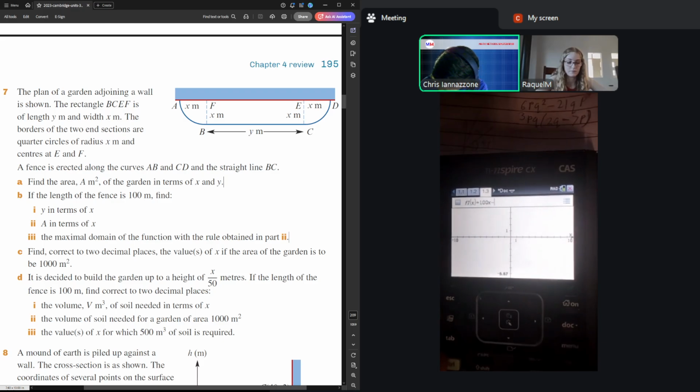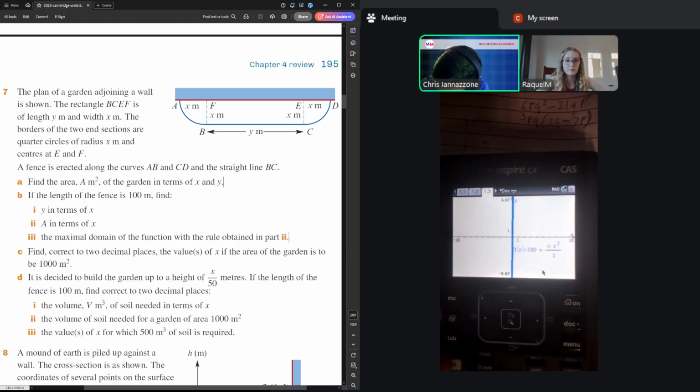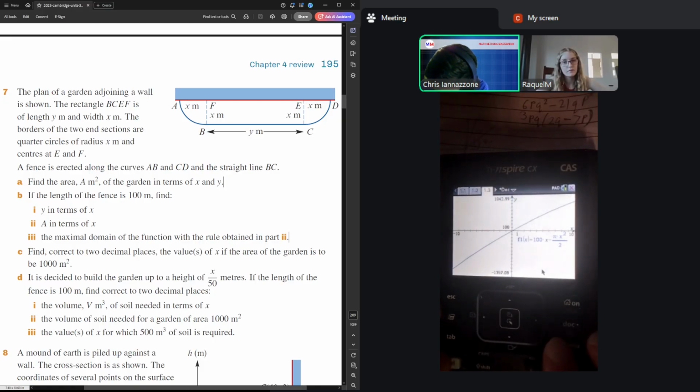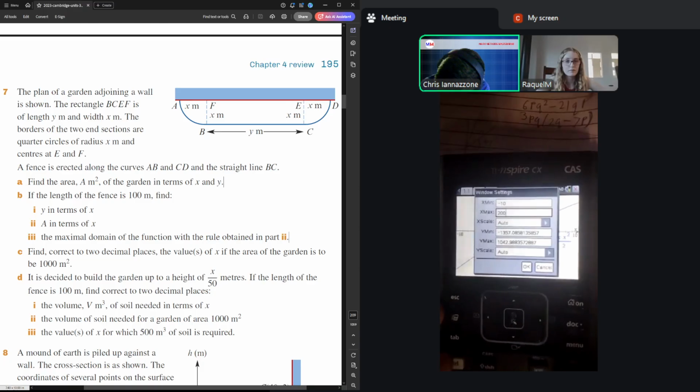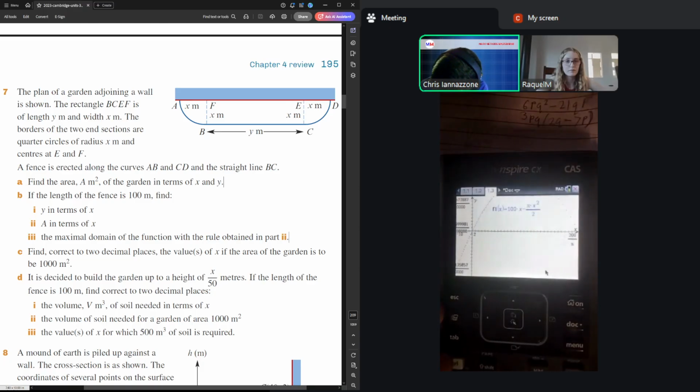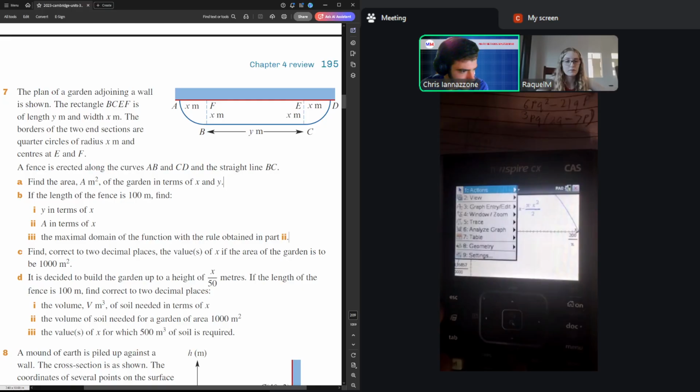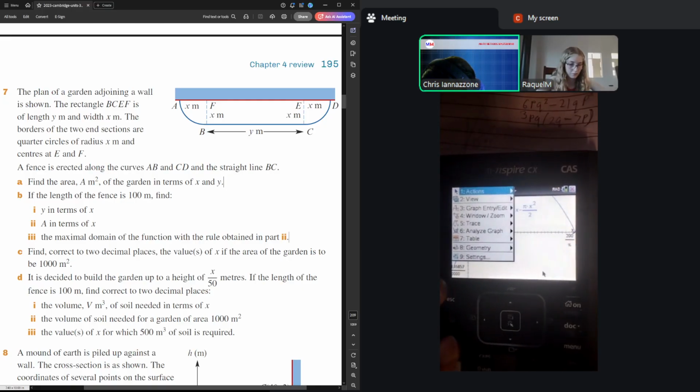100x minus pi on 2 x squared. Don't fit. Or not, that's fine, don't fit it. I already know where it is anyway. 100, let's go 200 on pi. Wait, what?